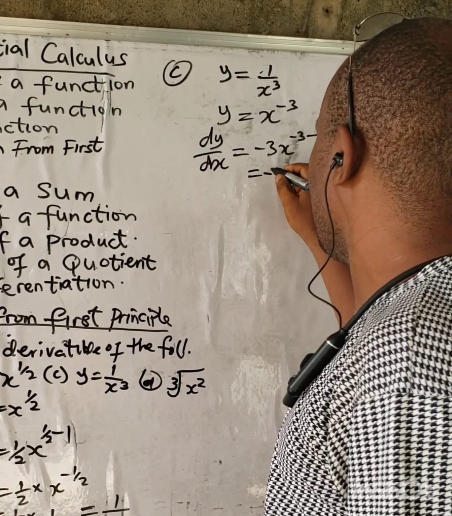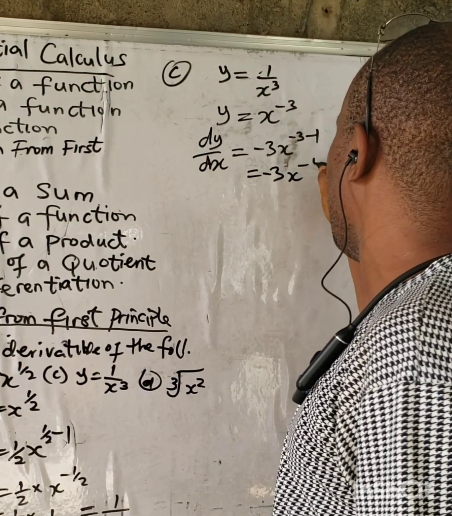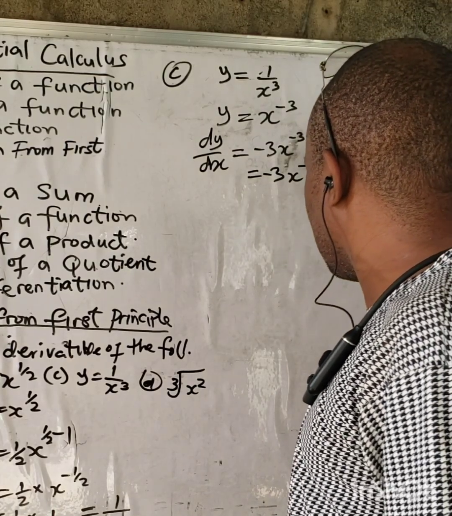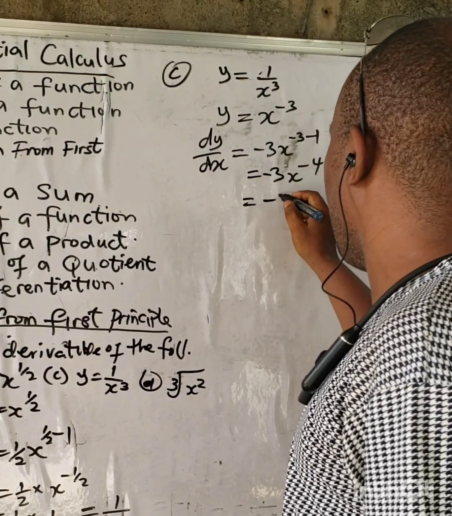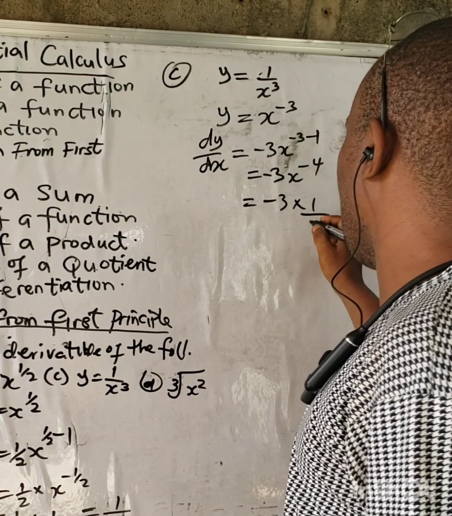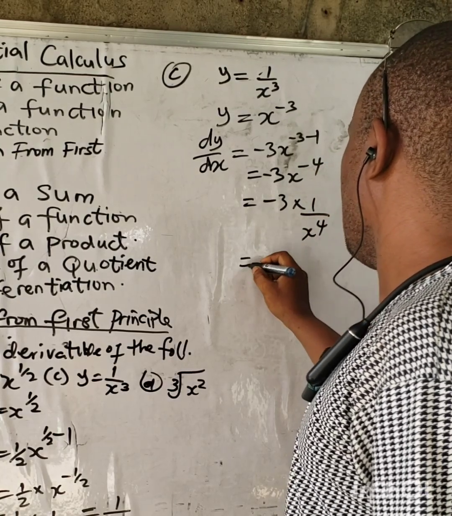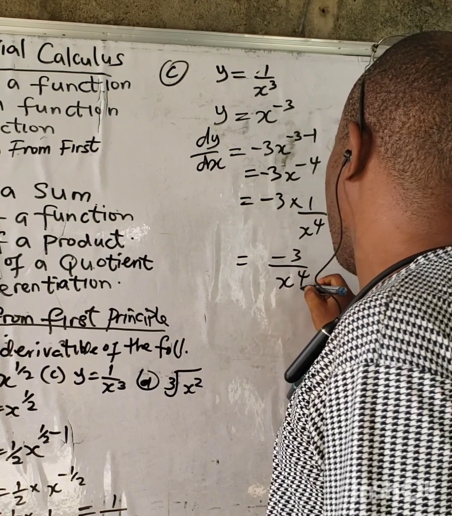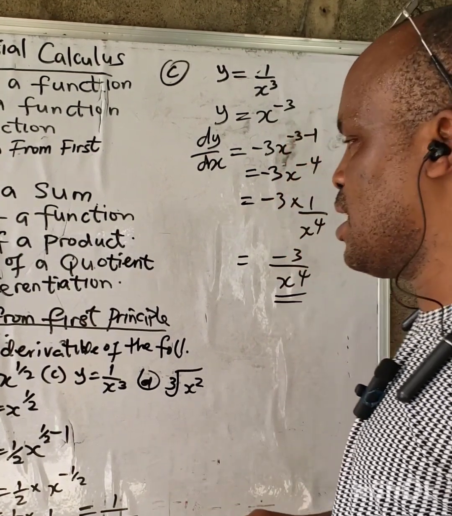This will become minus 3 s raised to power minus 4. You may not leave it like this because we still have a negative index. This will become minus 3 times 1 all over s to the power 4. This will be minus 3 all over s to the power 4.